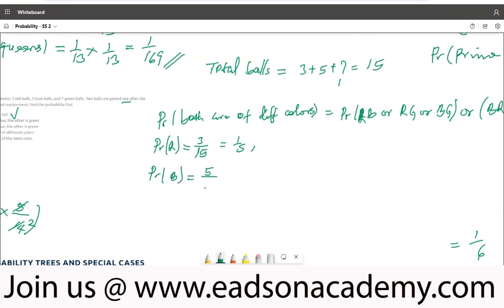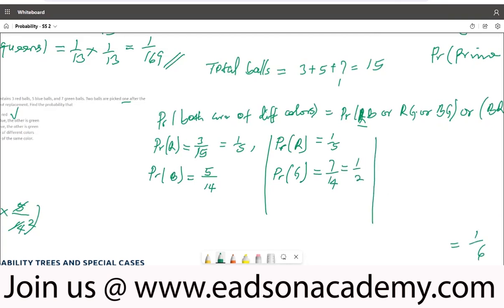That is 5 over 14 since we have drawn one ball here. Okay, that is for the first group. Now let's move to the second group. The probability that the first is red is still 3 over 15, or 1 over 5. And then the probability that the second is green. Green is 7 over 14, which is 1 over 2. That is for this group.